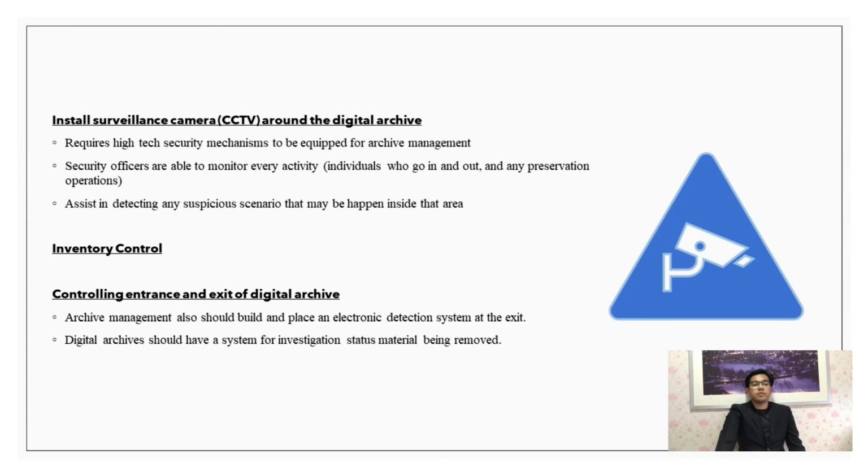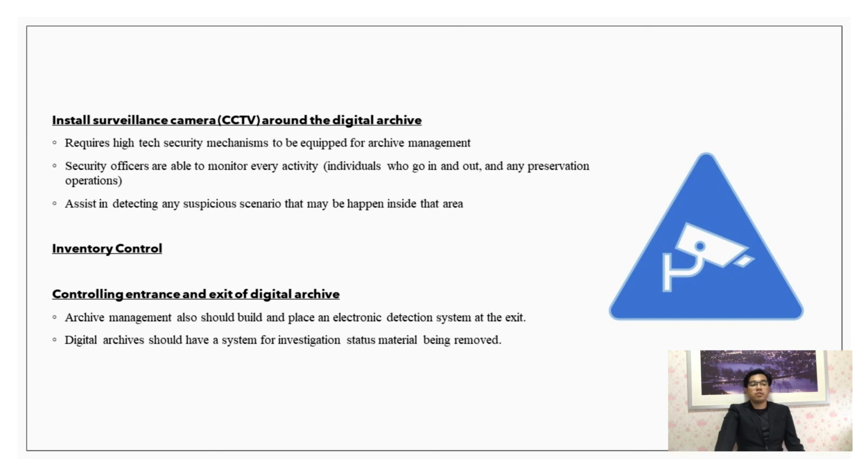The last step is controlling the entrance and exit of the digital archive. Optimally, all entrances should always be protected and require staff to inspect every individual who enters the area. Besides that, in order to prevent any unauthorized withdrawal of digital material, they need to mark all the records and material with magnetized strips.